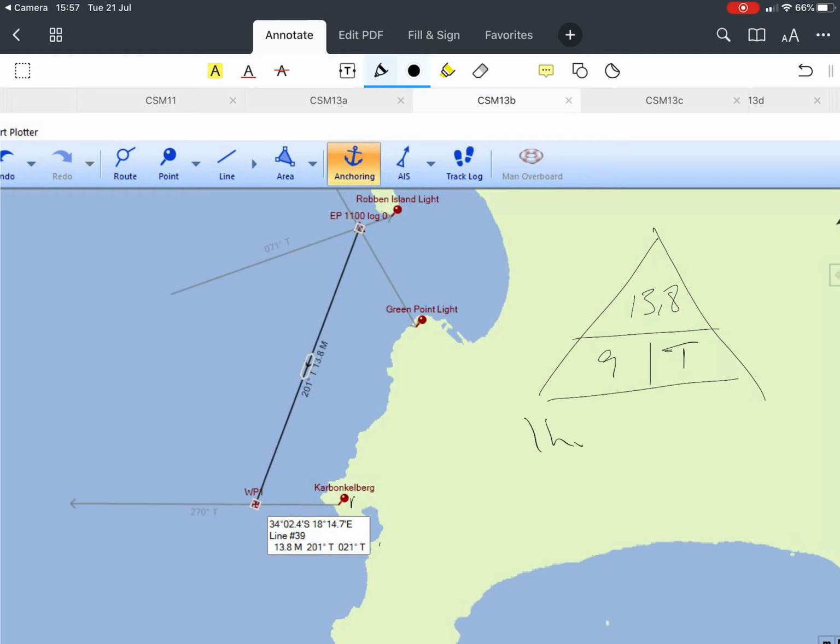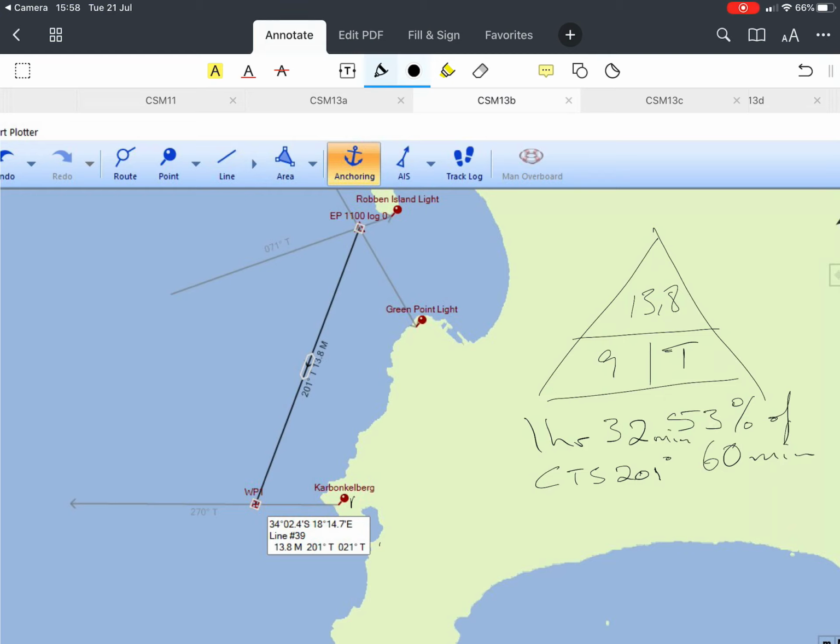It's going to be 1 hour and 53% of the next hour. So if I work that out, it's going to be 1 hour and 32 minutes on a course to steer of 201 degrees. Okay, straightforward.